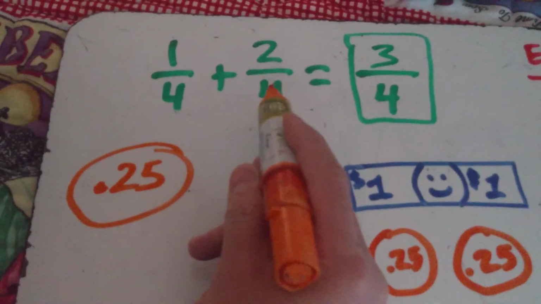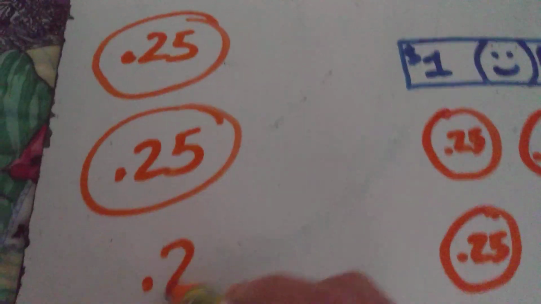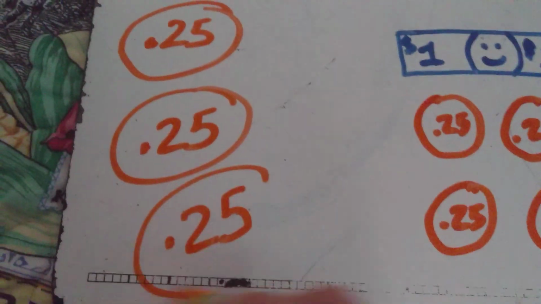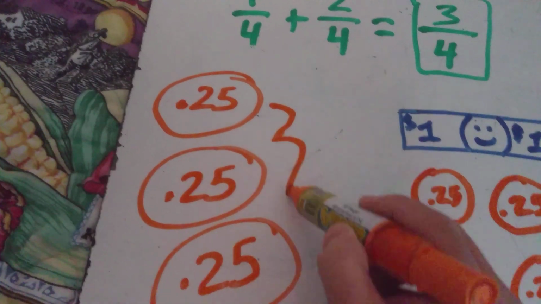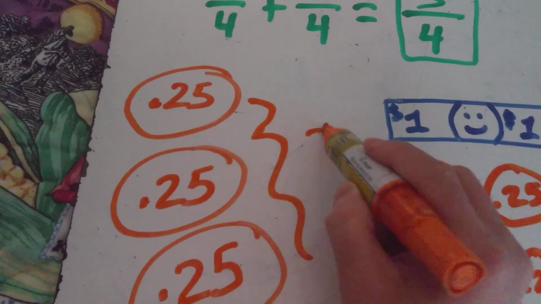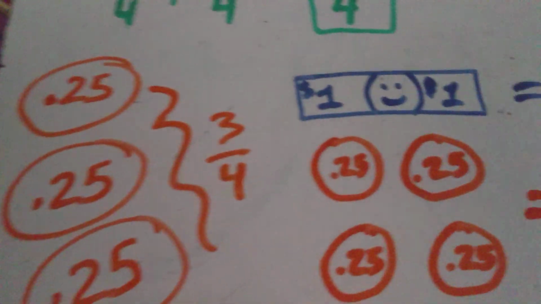Now we're going to add 2 more. 1 and 2 more quarters. Now if we were to take all these and add them together, we're going to get 3 quarters.